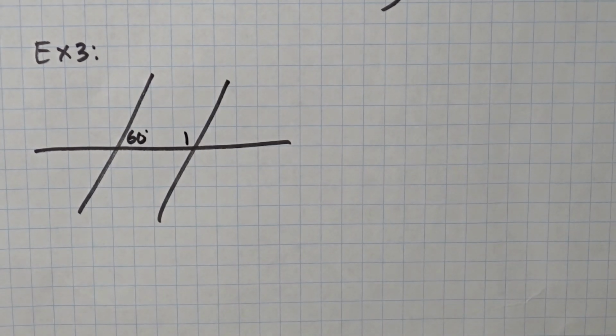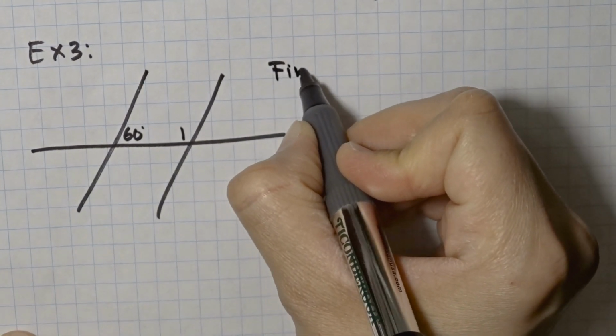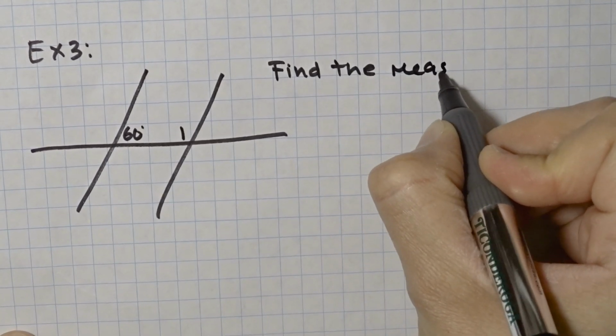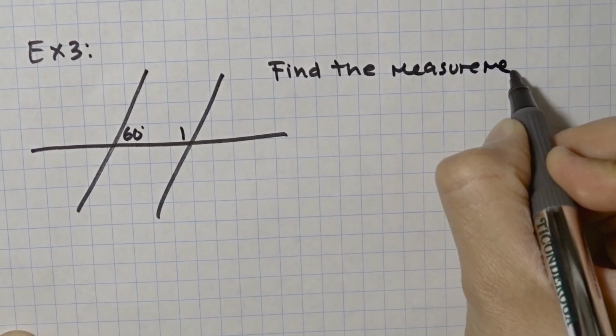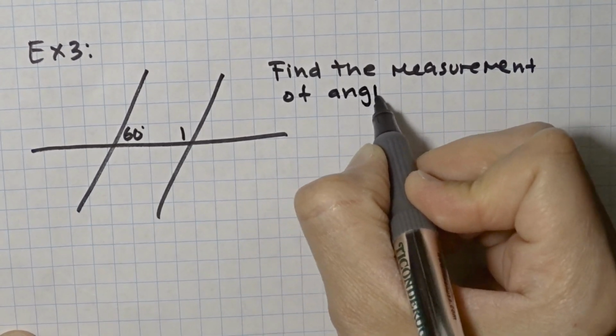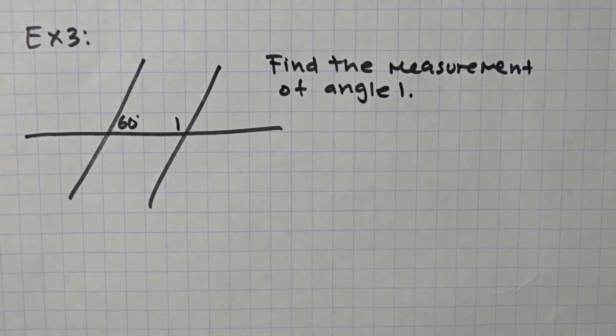I want to know how big is angle 1. Find the measurement of angle 1. So, what ideas do we have here? What properties can we use? What angle relationships are going to help us figure this out?